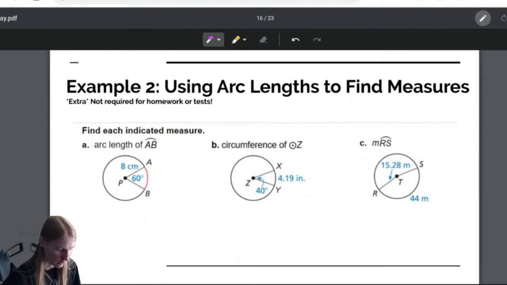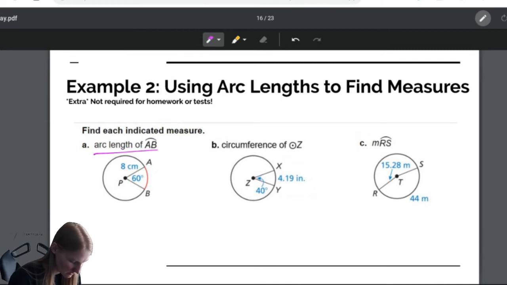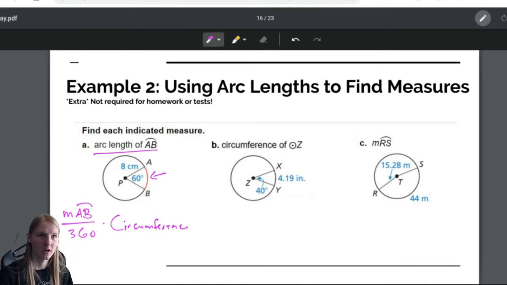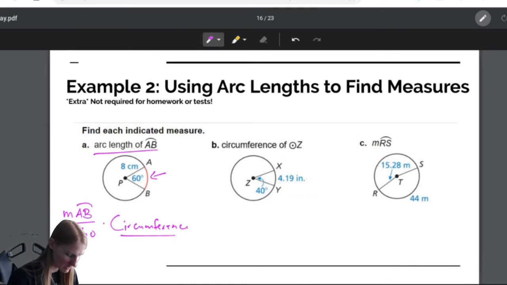Okay, so we want to find the arc length of AB, which is this right here. Remember, we're taking the measure of AB over 360 times the circumference. So first, let's find this circumference.